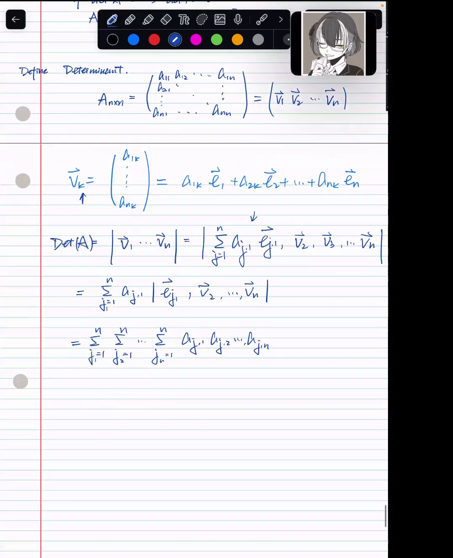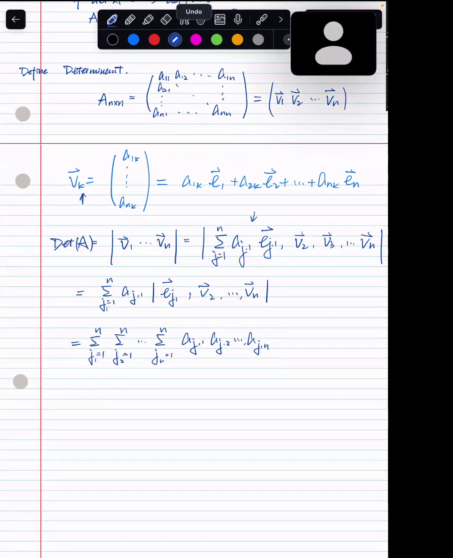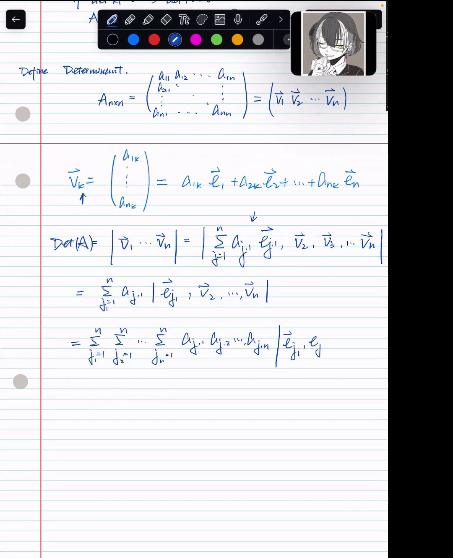Then we have the third part that we are actually calculating, the determinant. We have a determinant of e j1, e j2, all the way to e jn.